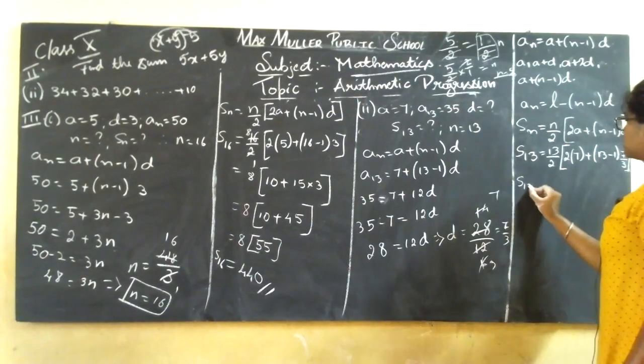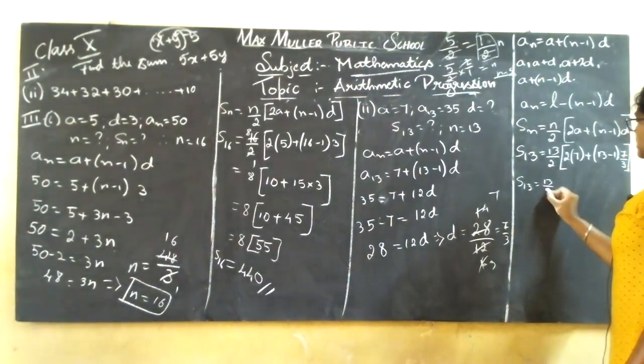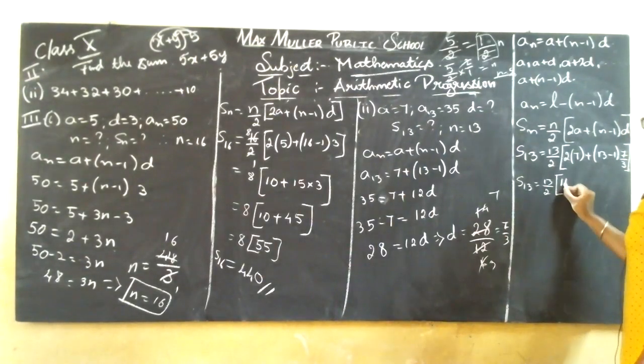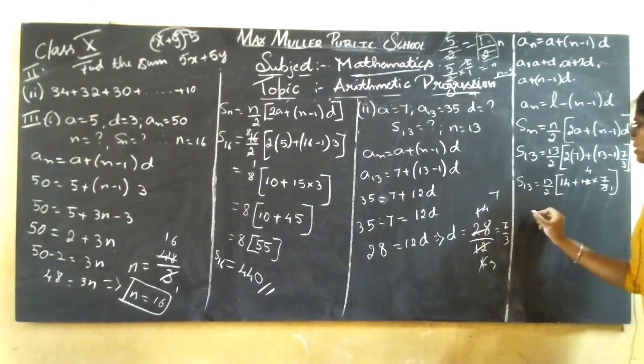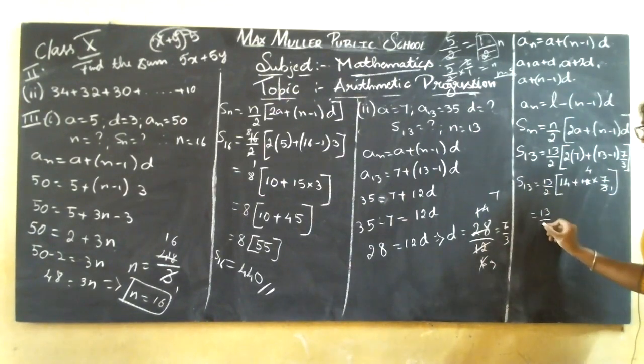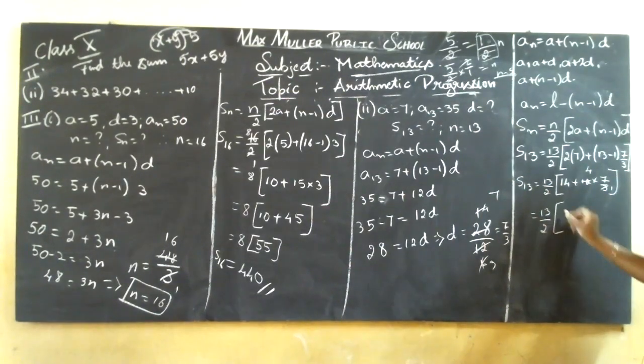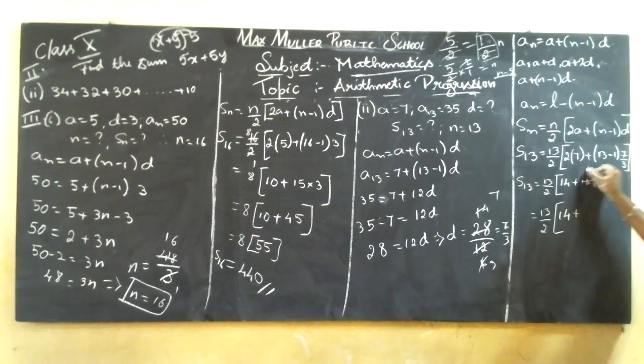So S13 is equal to 13 by 2, 2 7s are 14 plus 12 into 7 by 3. So 3 1s are 3, 4s are 12. It is 13 by 2 into 14 plus 7 4s are 28.